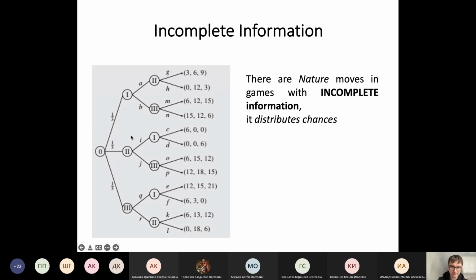In this particular game, nature distributes chances. I think nature is player 0. It's a non-strategic player. We present nature as a player in the game, but of course there are no payoffs associated with nature.